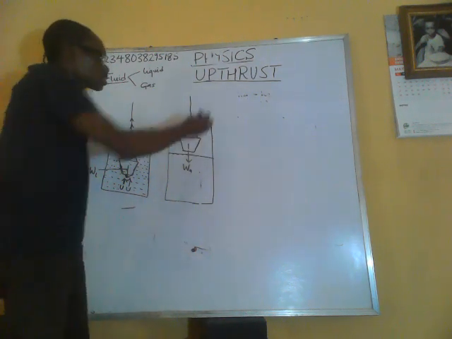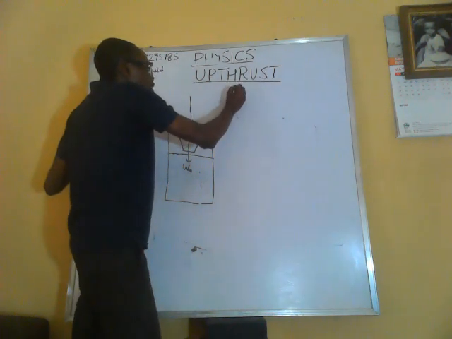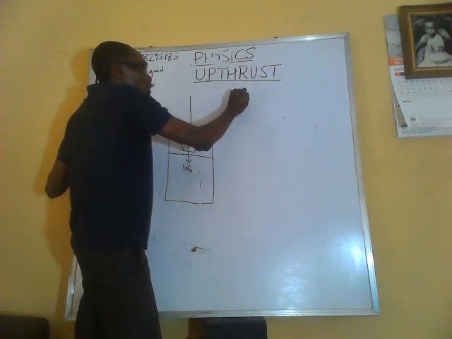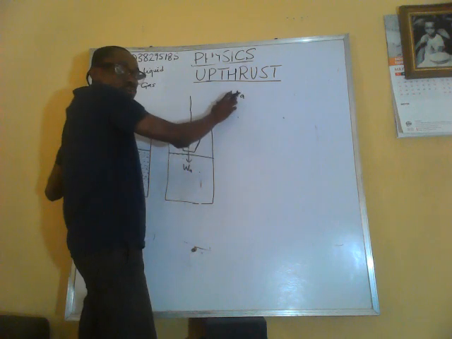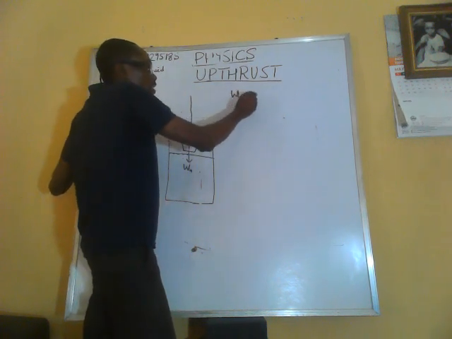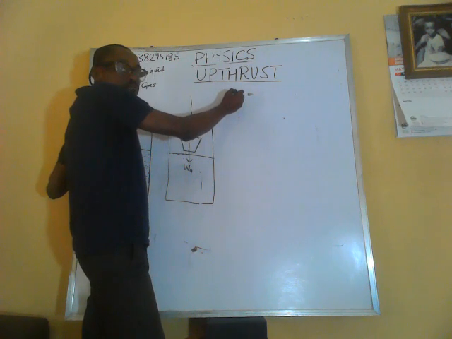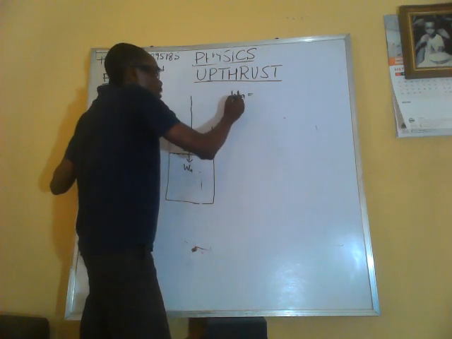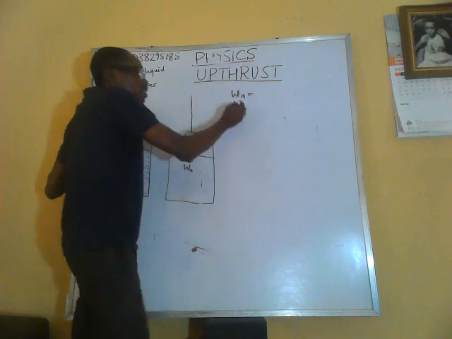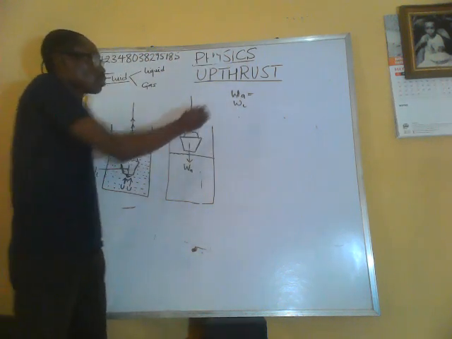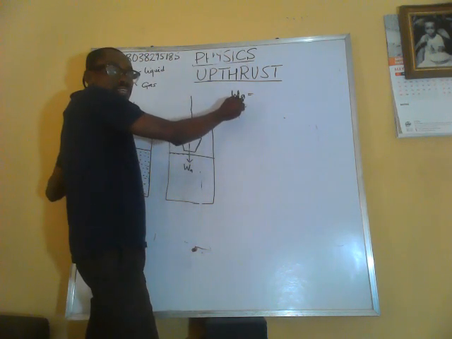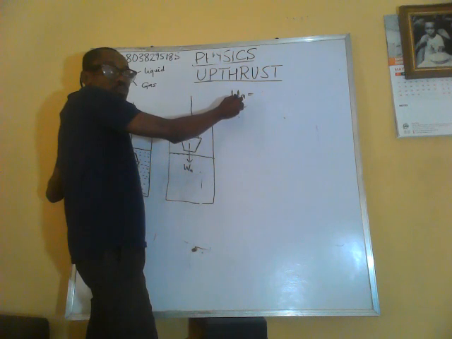So let's assume that the weight of the bucket in air is W sub A, and this is the weight W sub L, the weight of the bucket inside the well of water, which is a liquid.